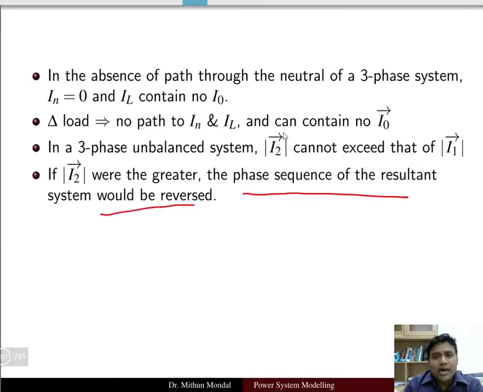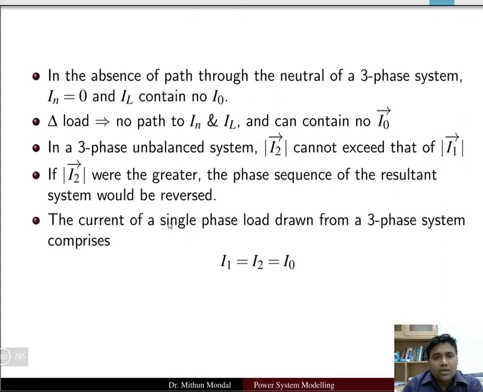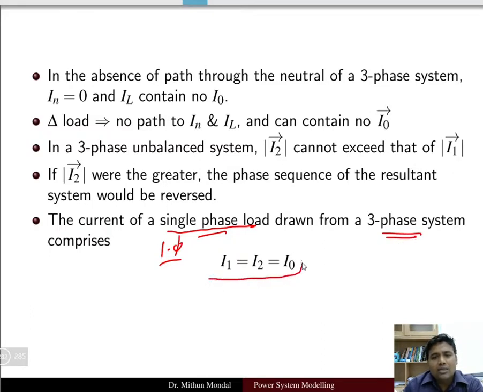Also, if you have a single phase load drawn from a 3-phase system, then all three components I1, I2 and I0, positive, negative and zero sequence, will be equal.